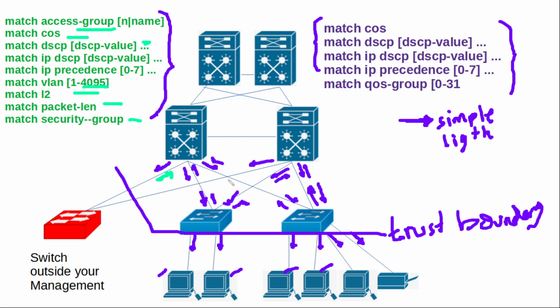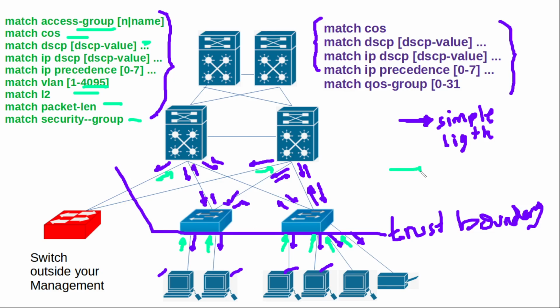For instance, here and here, because this traffic comes from a switch that I am not managing. And I'm also going to do that here because this traffic comes from users, and I don't want to trust the markings that the users can place on their traffic. I am going to be very careful with this class map.